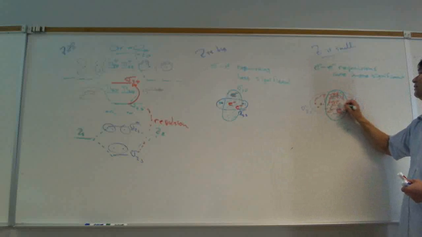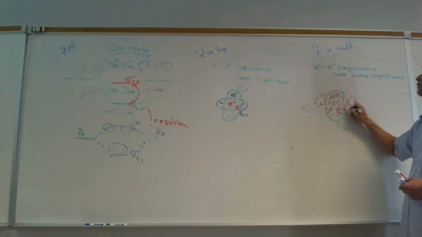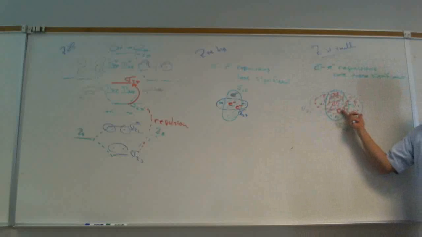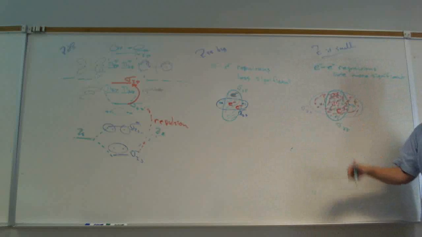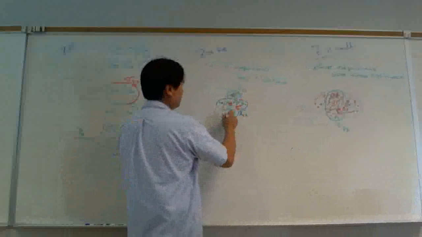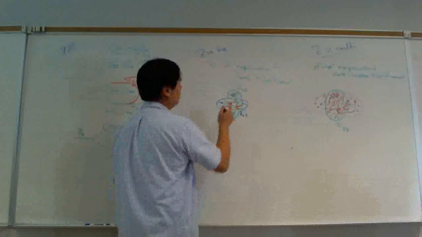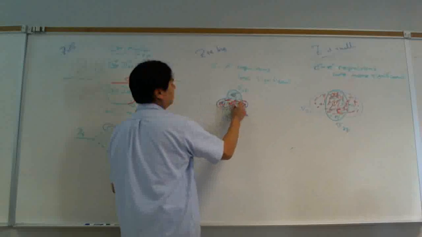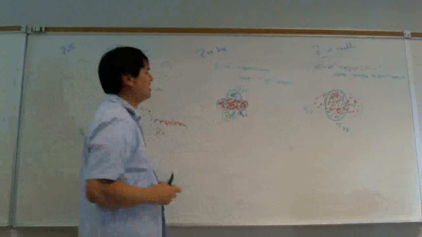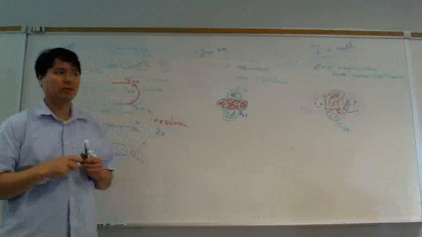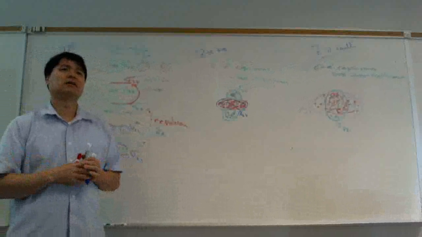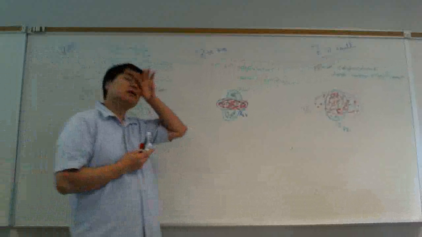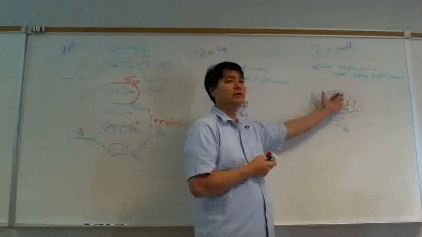Both of these are negative, so you got negative and negative repulsions. Here, we got the electron cloud of the green dot and the electron cloud of the red dot. You got to imagine the electron cloud as being like fog. And the fog here is in the same volume, the green and the red.